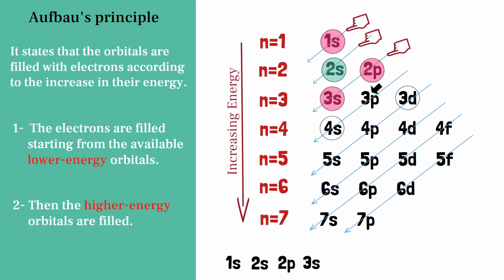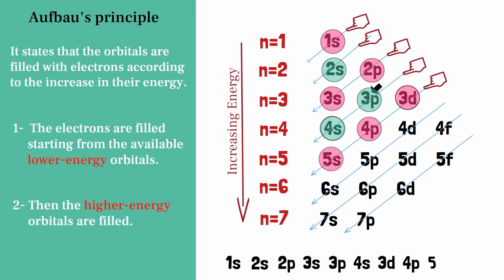Then we move to the beginning of the next arrow to fill the orbitals of 3p and 4s sublevels. Then the orbitals of 3d, 4p, and 5s. And so on.